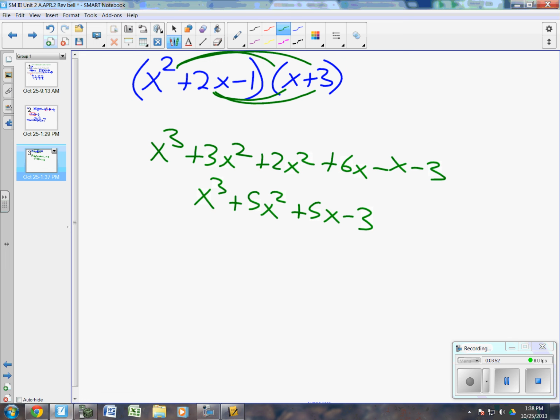We did, right? Now it says rewrite x cubed plus 5x squared plus 5x in the form of q of x times x plus 3 plus p of a. Okay, so it wants us to write it using the quotient. So if you divide x plus 3, you guys, into this right here, that's what it's asking you to do. I know the wording on this is really bad.